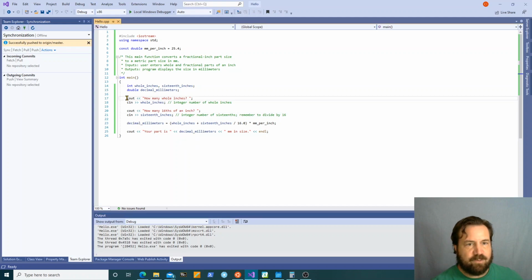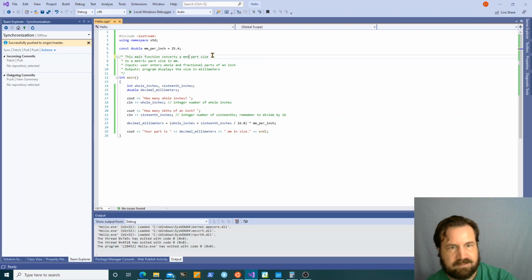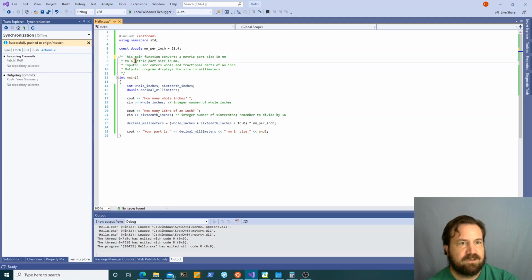What if I wanted to go the other way? You can use this main function converts a metric part size in millimeters to a part size in fractions of an inch. Input, user enters millimeters, program displays whole and fractional inches.